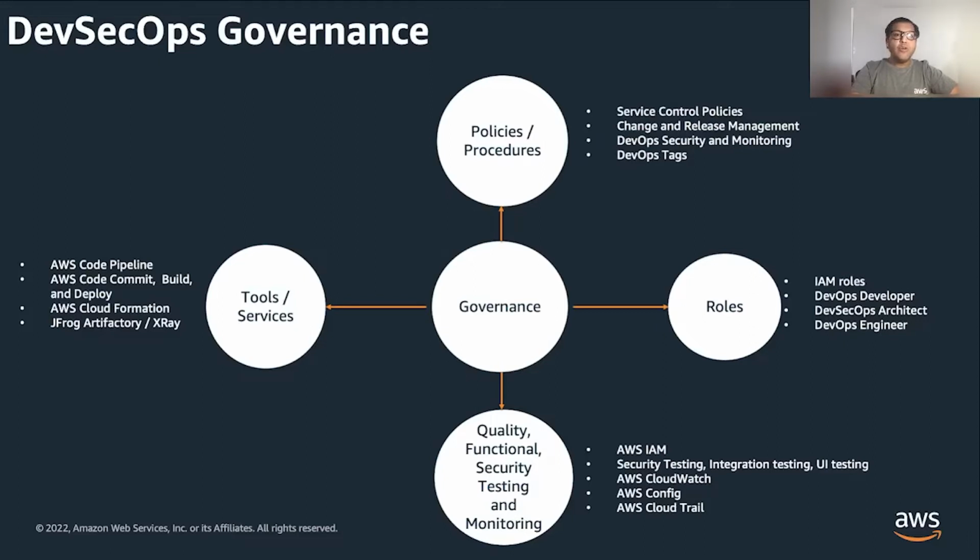When we talk about secure DevOps, policies and procedures are an important part of this practice. When we deploy our pipelines in AWS, we have policies which are service control policies.